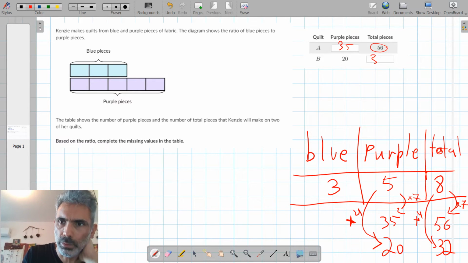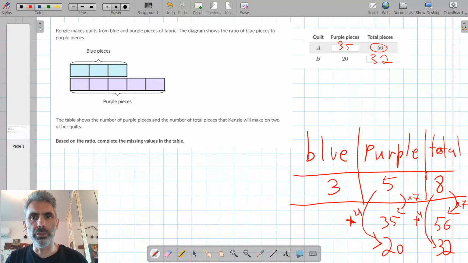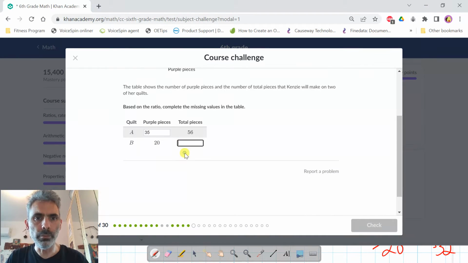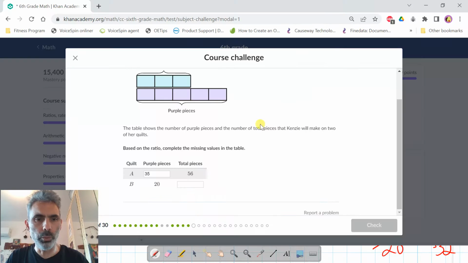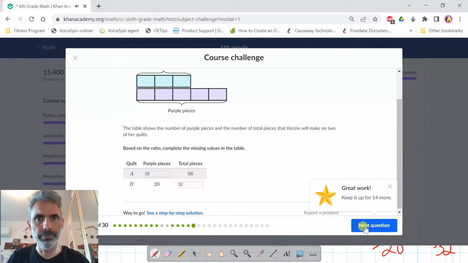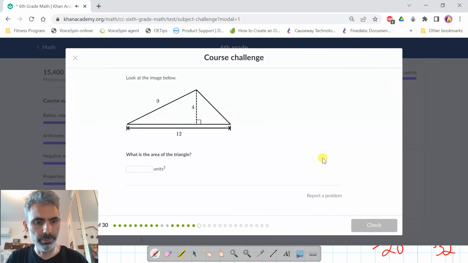So for quilt A we have 35 purple pieces, and for quilt B we have 32 total pieces. Good. Next question.